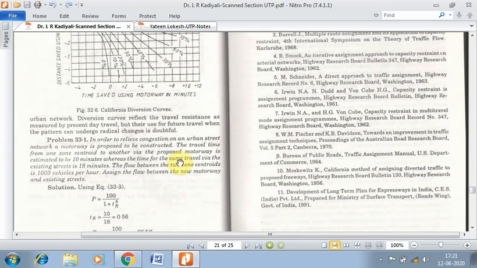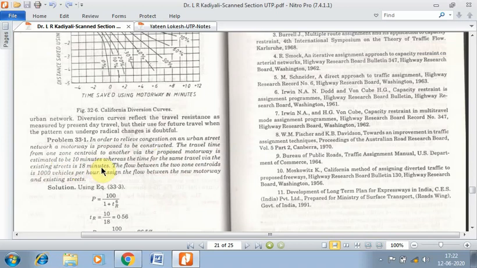Now there's a simple example that can be considered about how the diversion actually happens using these curves. In order to relieve congestion on an urban street network, a motorway is proposed to be constructed. The travel time from one zone centroid to another via the proposed motorway is estimated to be 10 minutes, whereas the travel time for the same travel using the existing street is 18 minutes.